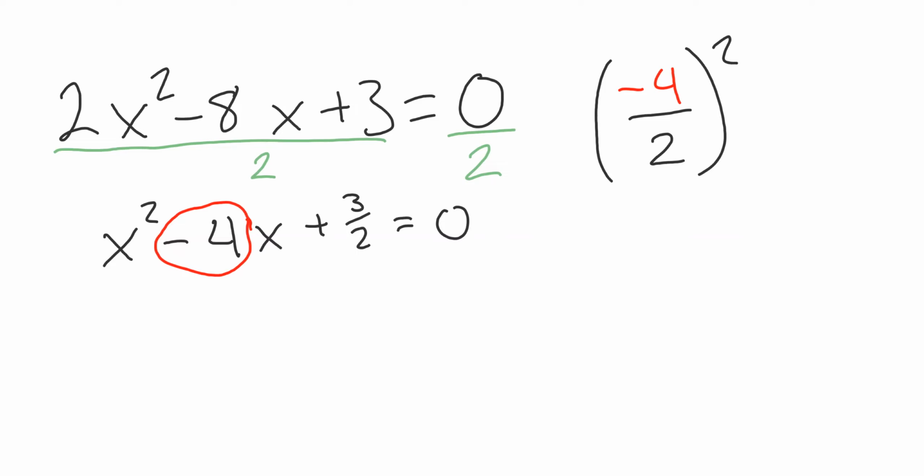So -4 divided by 2 and squared actually just ends up being a +4. So we need to put a +4 here as our constant term. So let's get this 3/2 out of the way just by subtracting both sides by 3/2.